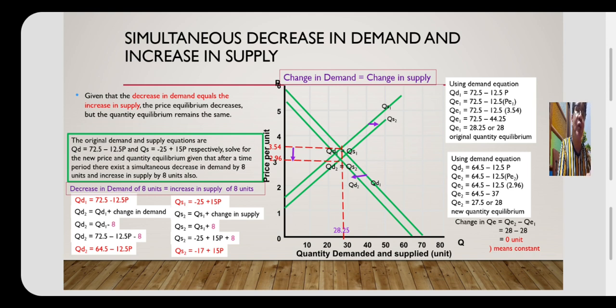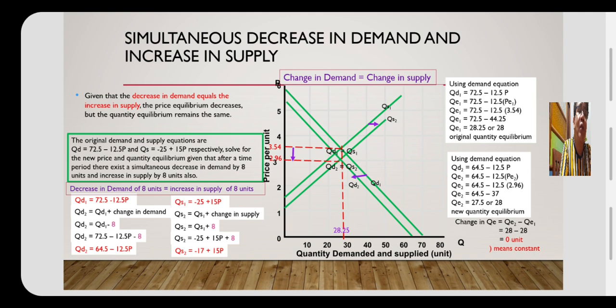To make the story short, we can notice here that the new quantity equilibrium is equal to the original quantity equilibrium of 28, so there is no difference. That means the value is 0, and so the change in quantity equilibrium is 0, meaning that quantity equilibrium did not increase or decrease.